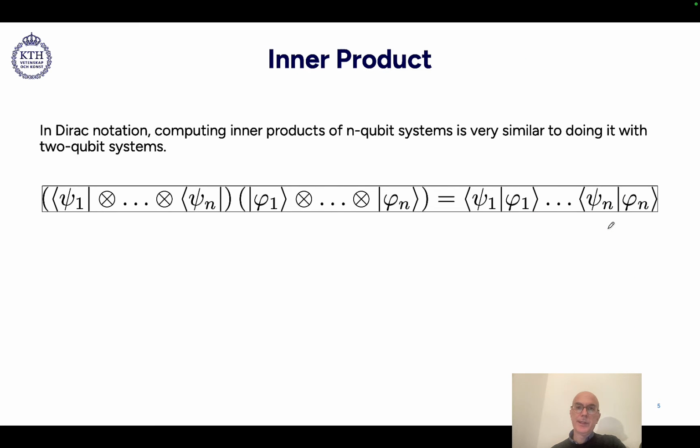We can take the same approach for calculating the inner product of n qubit systems. So if we express two n qubit systems that are obtained by tensorial product, psi and phi, we then calculate the inner product by taking the inner product of the single components of our two quantum systems.